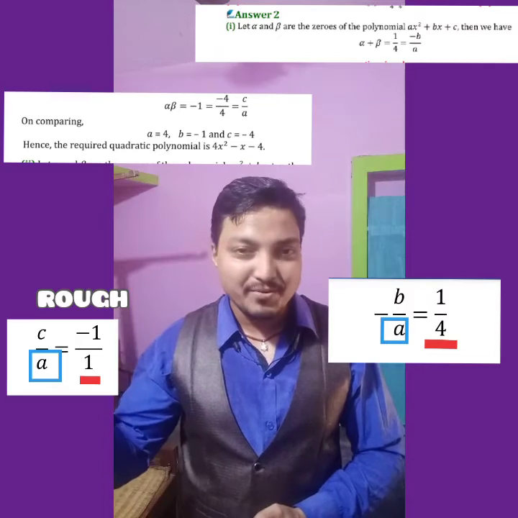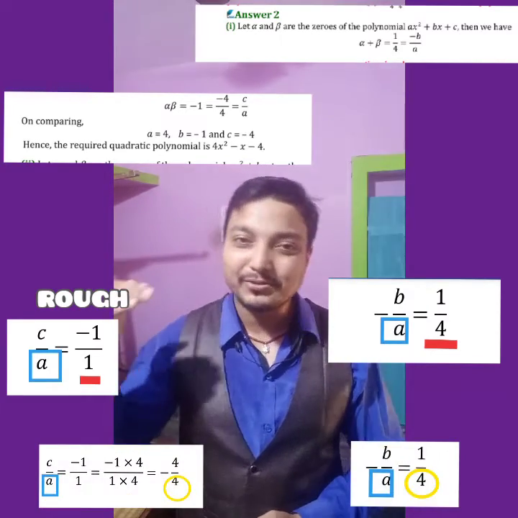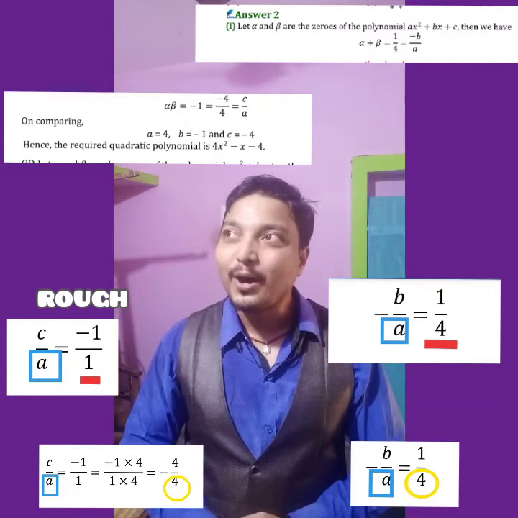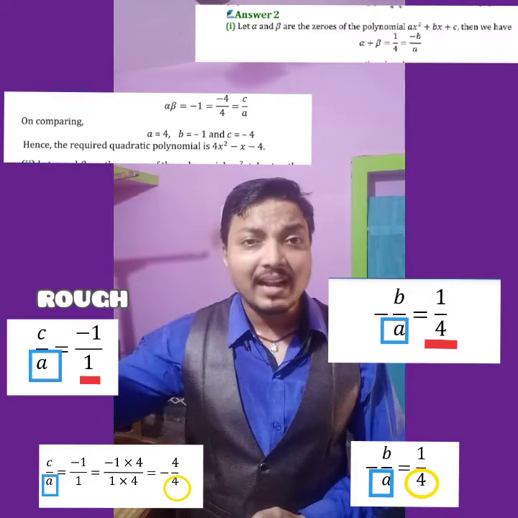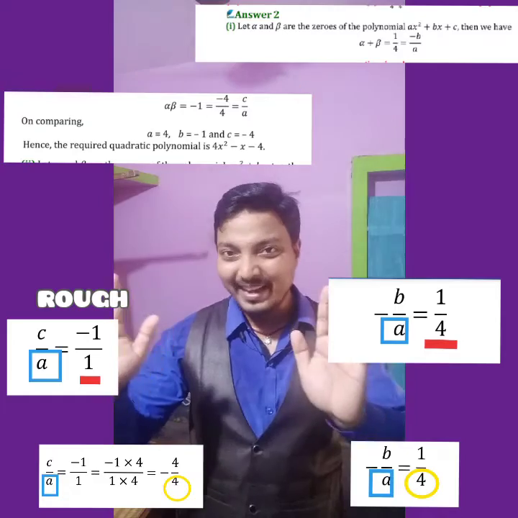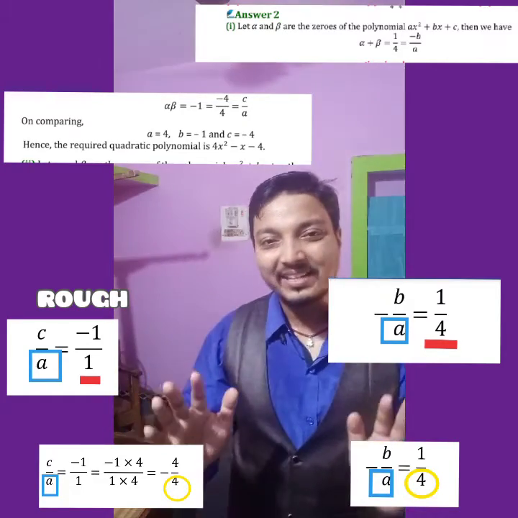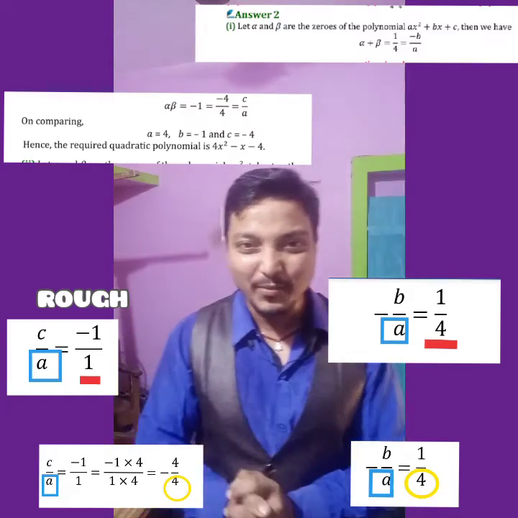So the numerator should be multiplied by 4 and the denominator also by 4. So c by a, previously -1 by 1, is now converted into -4 by 4. Both are equivalent rational numbers.